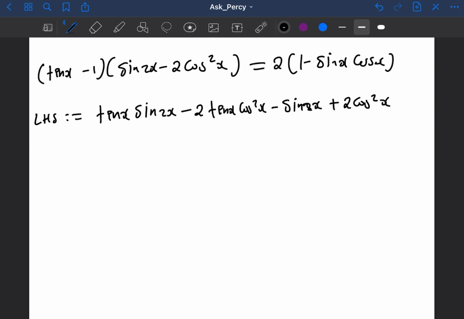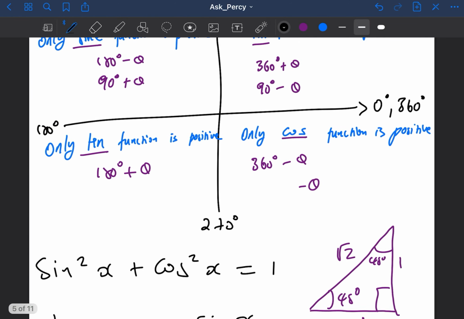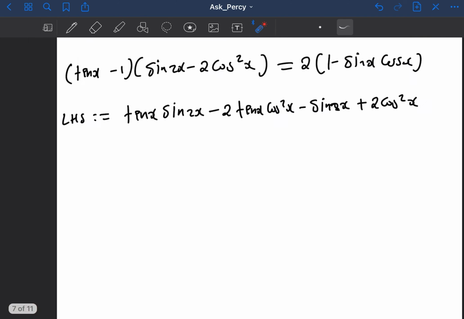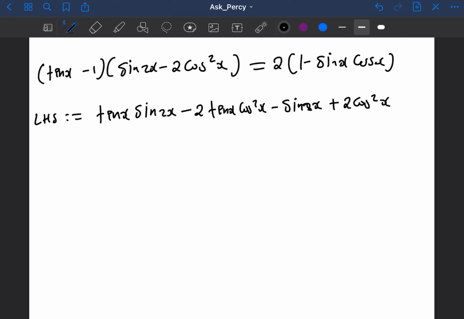Okay, and then we go to our cheat sheet, you see that tan x is equal to sine x over cos x. So you're going to just rewrite that as sine x over cos x.